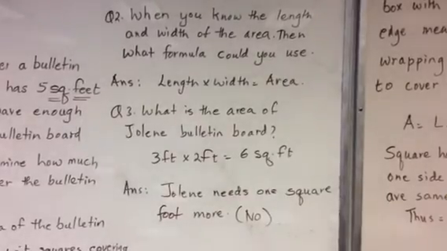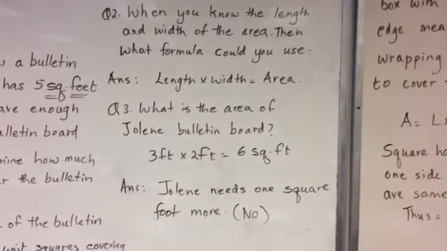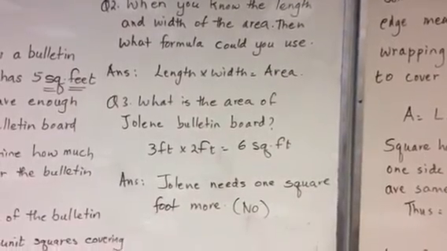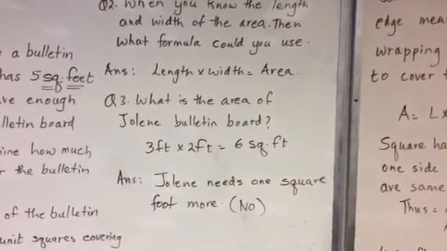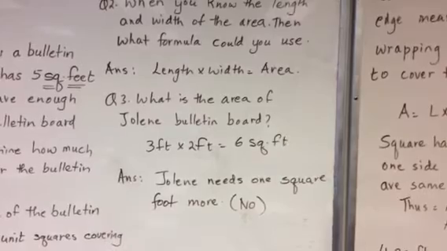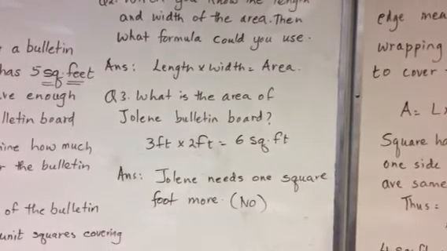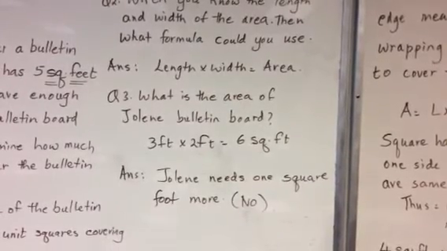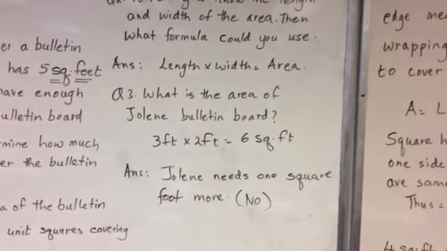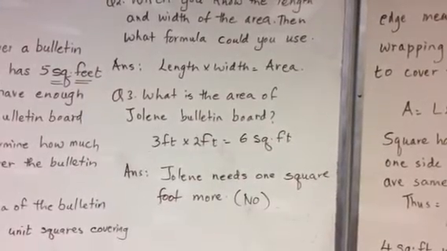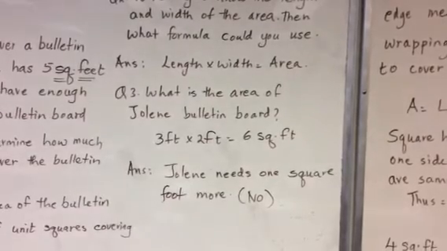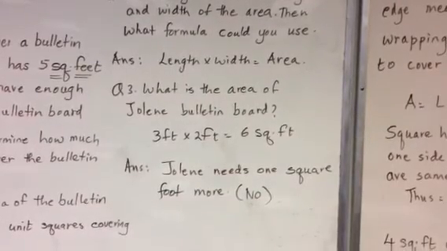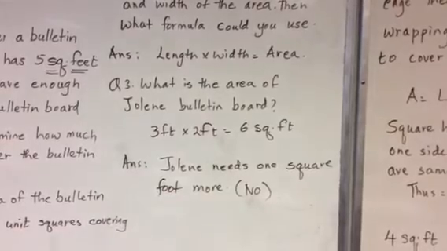If the length is 3 feet and the width is 2 feet, 3 times 2 is 6 square feet. Jolene needs 1 square foot more, so she doesn't have enough bulletin board paper to cover the board.